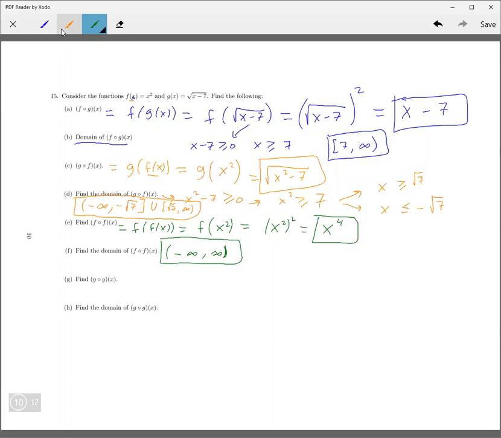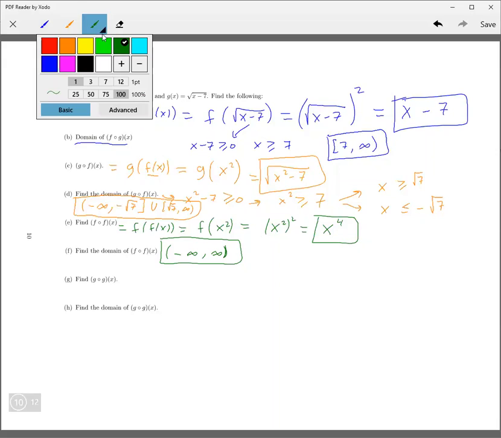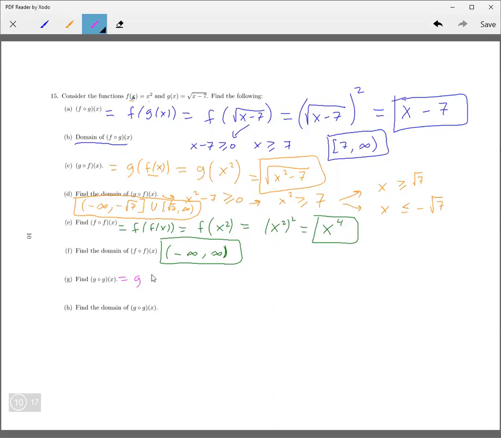Okay, number G. So replace the g of x with a square root of x minus 7. And then, so you've got g of the square root of x minus 7.